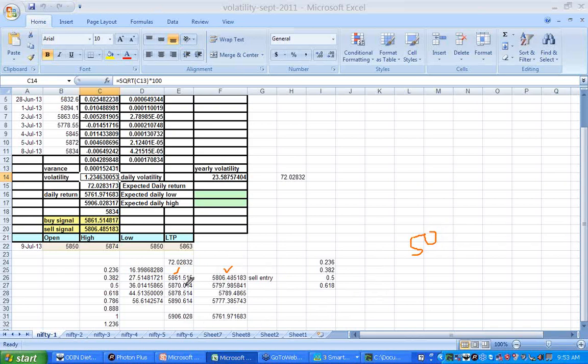If I am winning, the first target will be 9 points, the second 17 points, and the third some 12 points. And if I am fortunate enough to go for the final target also, 40 to 46 points I am winning. So in that case, is it advisable to follow the volatility principle?